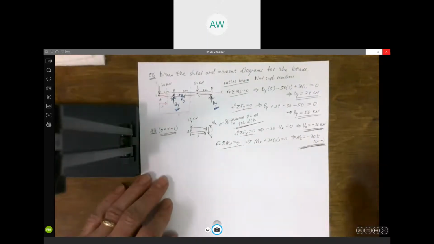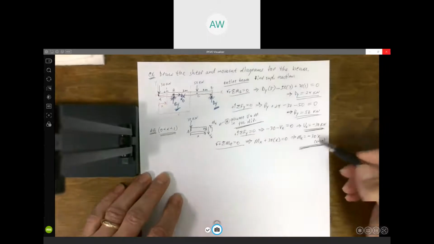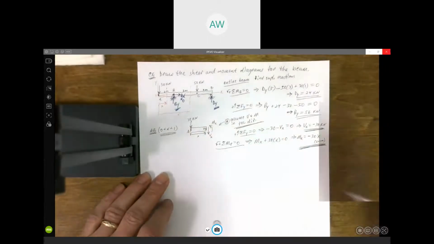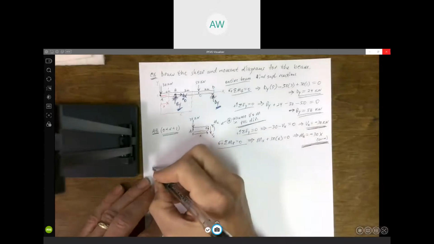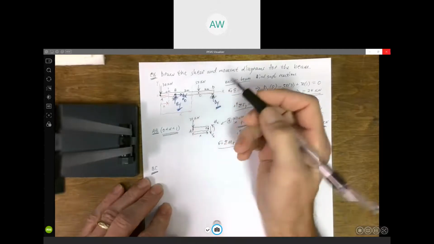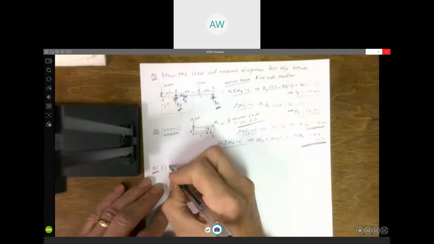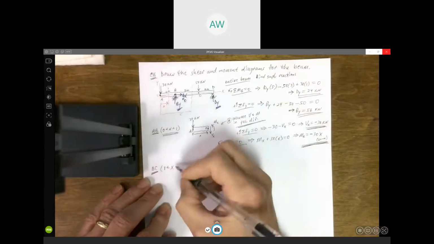Doing the same thing, but these equations that we got here, again, they were only valid for that part of the beam. Likewise, the equations we're about to find are only going to be valid on section BC. So these are going to be x values between 1 and 3, and 1 is 4.